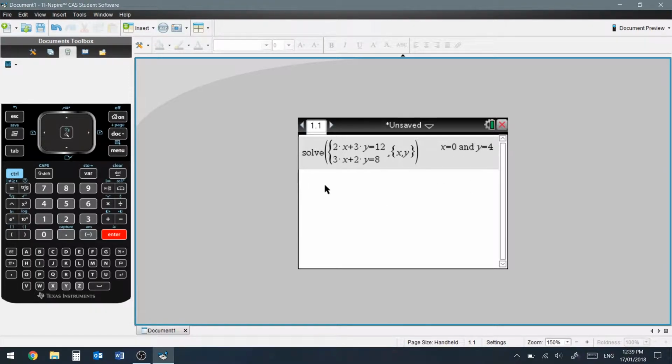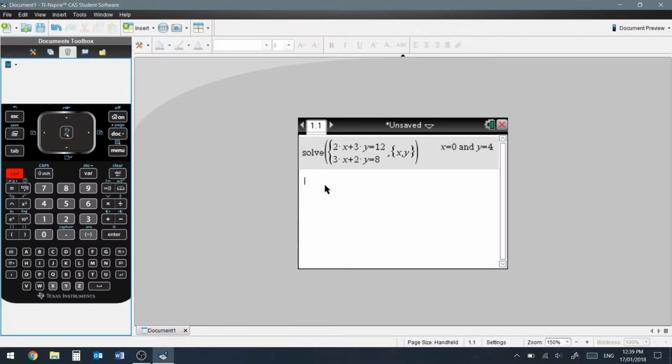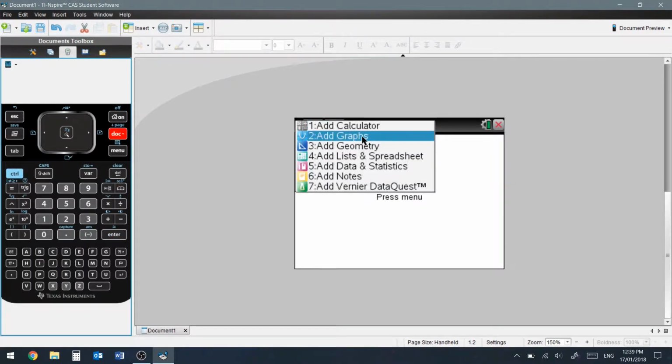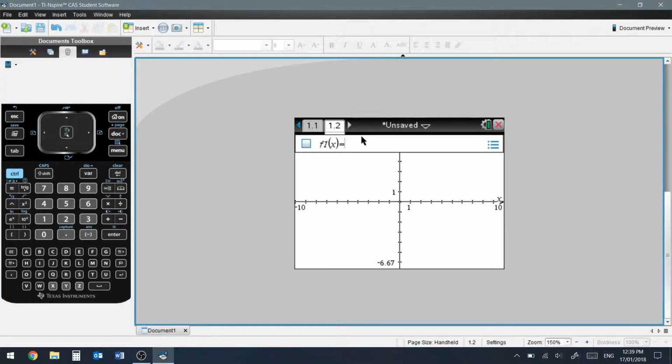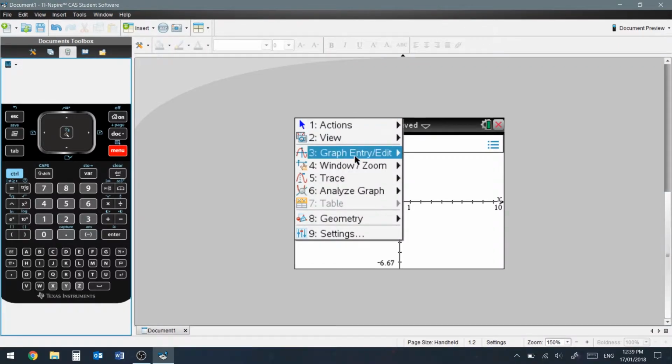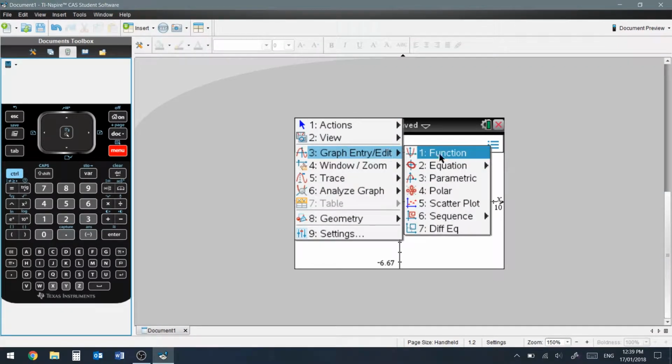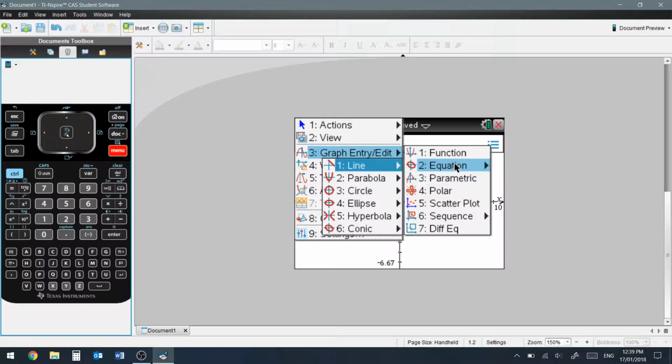Now, you can also make a new document and add a graph. So here we have to go to menu and then graph entry / edit, equation line, and then put in line standard.